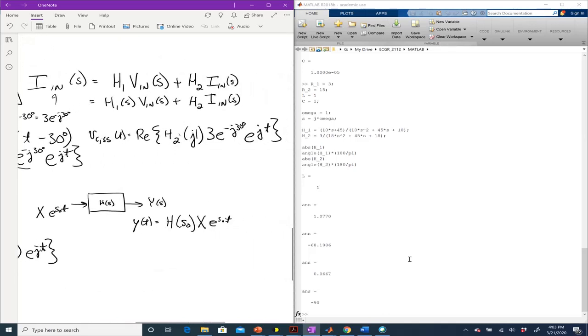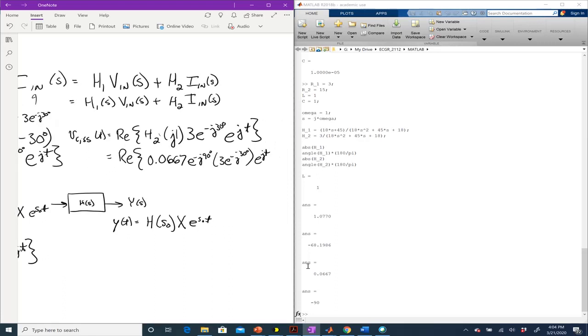Similarly, for the in component, I get the real part of, so what is H2? H2 is 0.0667 with an angle of negative 90, so e to the j negative 90 times 3 e to the minus j 30 times e to the jt, like so.